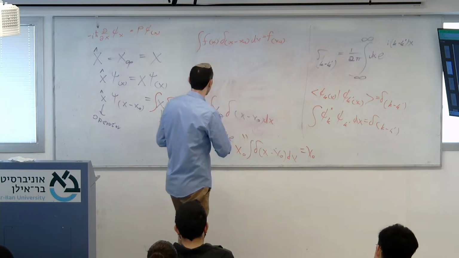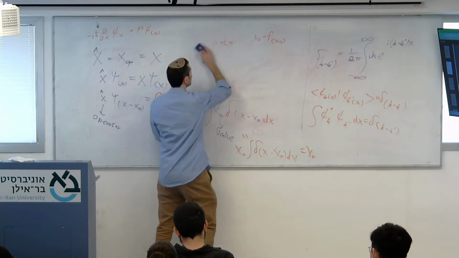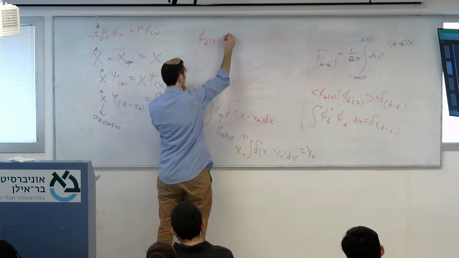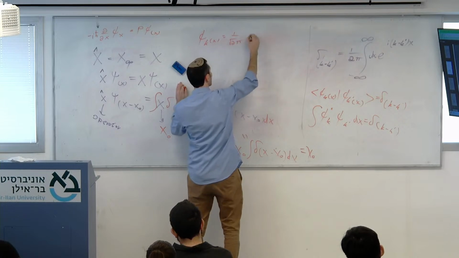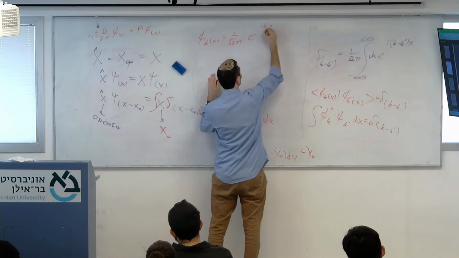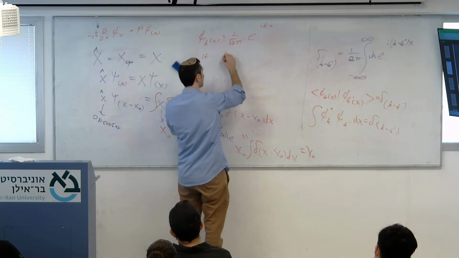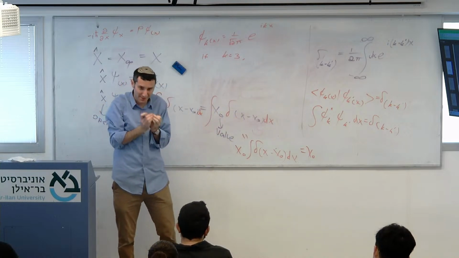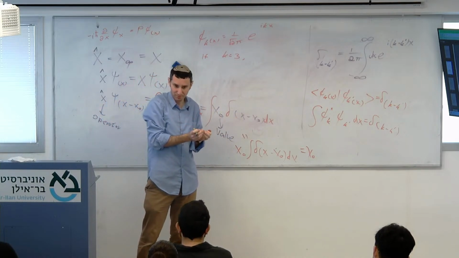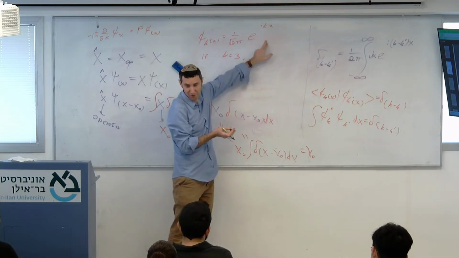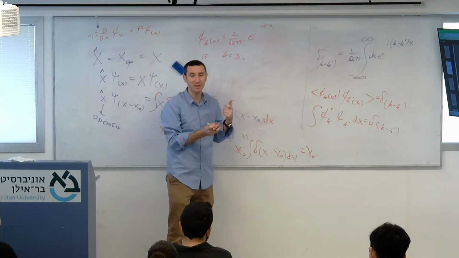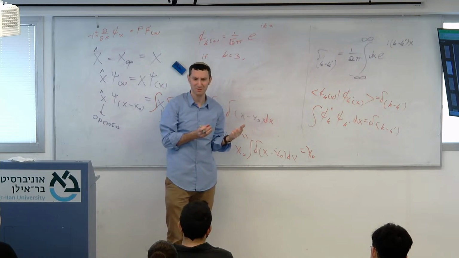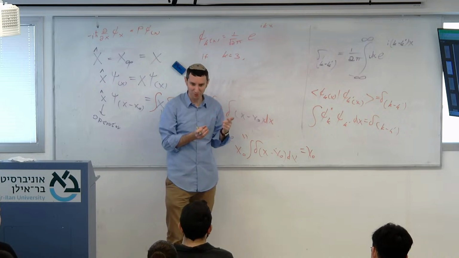When I'm at a specific phi k of x, which is 1 over square root of 2 pi e to the i k x, if k is equal to 3, for example, so I'm at a very, very specific momentum. If I measure my momentum, what will it be? 3. K is going to be 3.